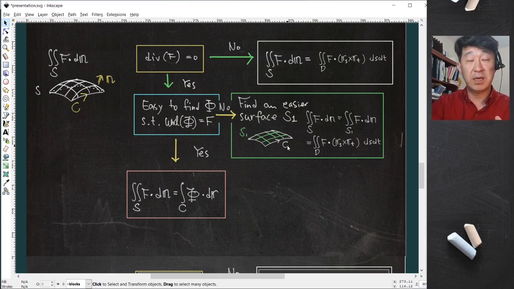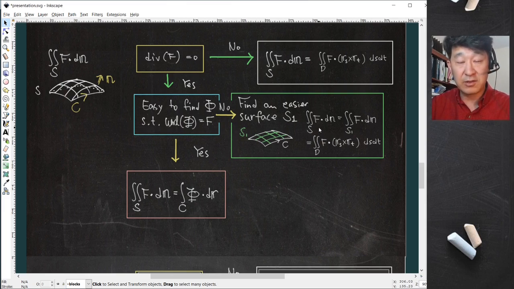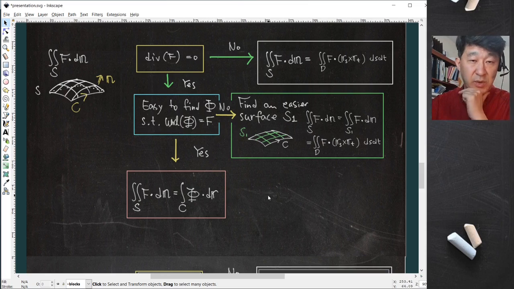If it can be easier to parameterize, such as a sphere, that's even better. So you can replace that surface with something simpler and easier. It still has to be upward, but it must have the same edges as the surface. In that case, you can calculate the surface integral with a simpler surface, and it's just magic, right? So that's the situation, those are the options you have.